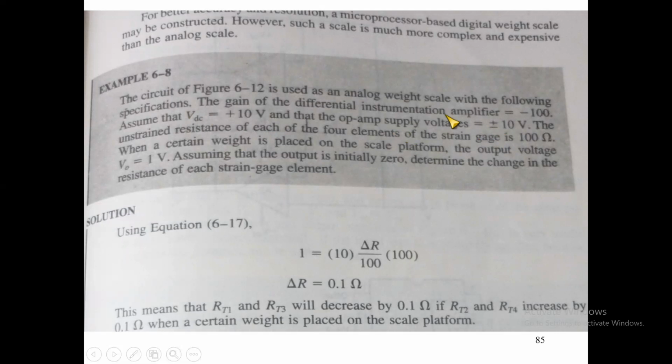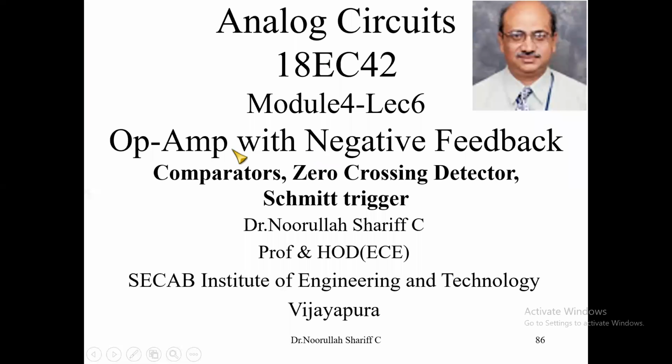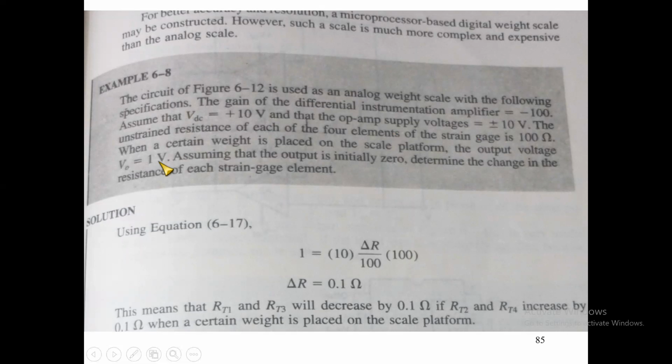Then the op-amp supply voltage is 10 volts. And the unstrained resistance of each of the four elements is 100 ohms. And when a certain weight is placed on the scale system, the output voltage will be equal to 1 volt. Assuming that the output is initially 0, determine the change in the resistance of each strain gauge element.